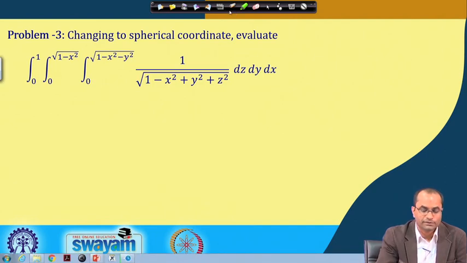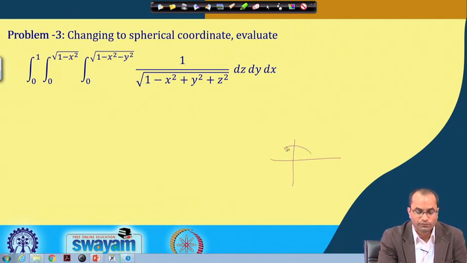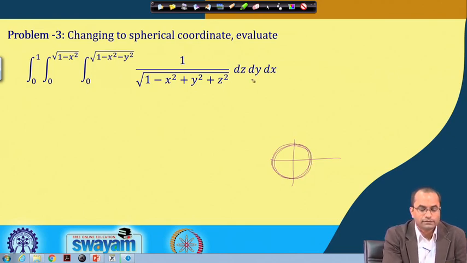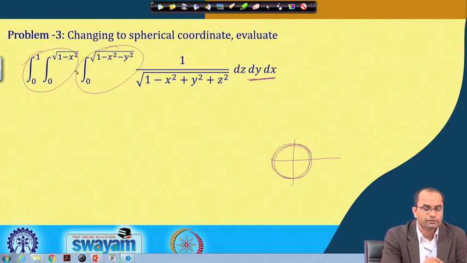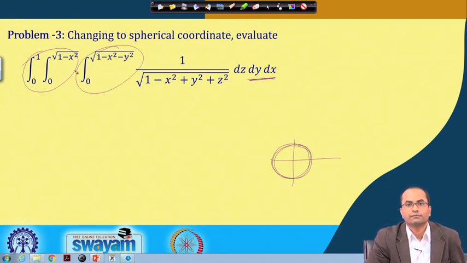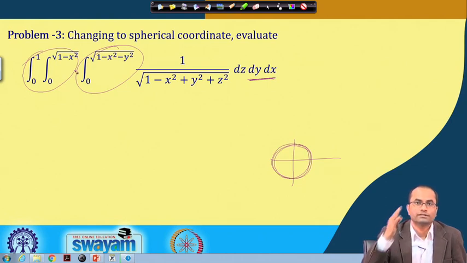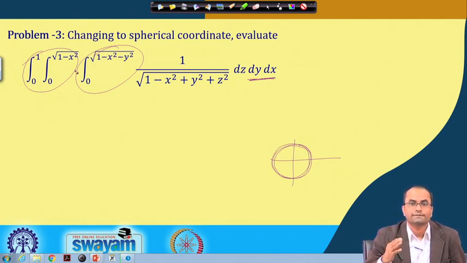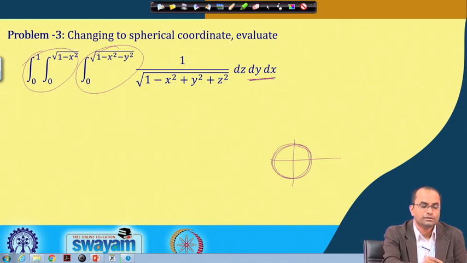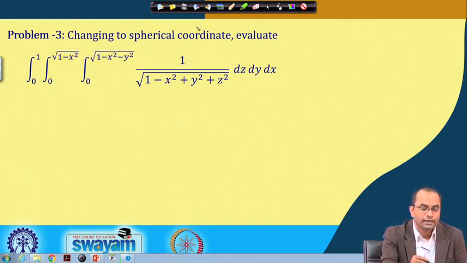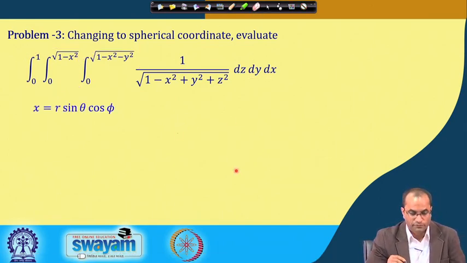So, that is precisely what we have in the x y plane, that is a circular part of these limits, and then in the direction of z we are moving from 0 to the sphere. So, now again it is natural to consider the spherical coordinate which will convert this.